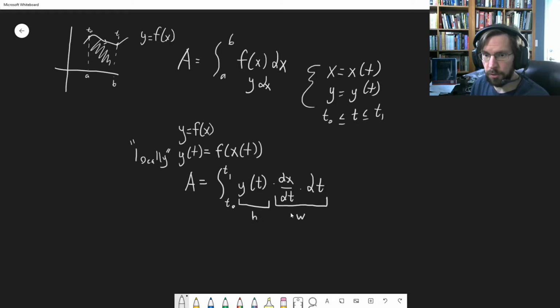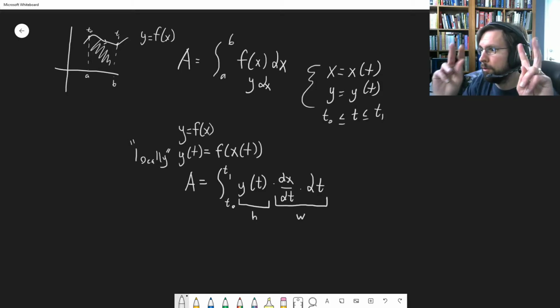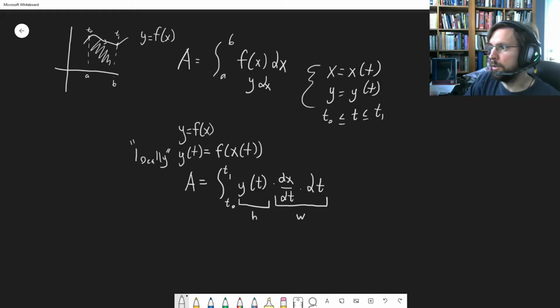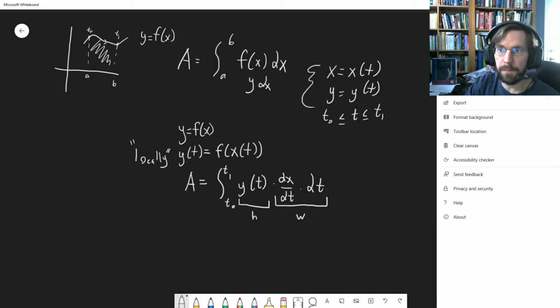We multiply height by width, do that over enough of the area, and we end up with the total area. Now that we have this basic framework, in general we don't actually find areas using this parametric form. In the real world you'll use techniques you learn in Calculus 3.